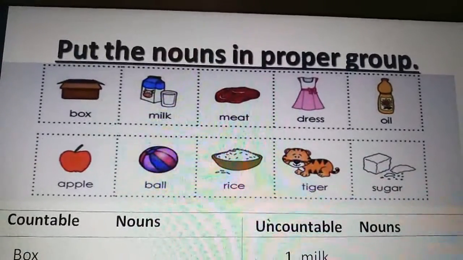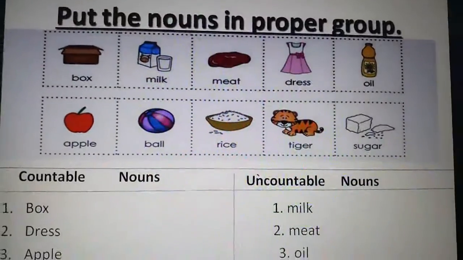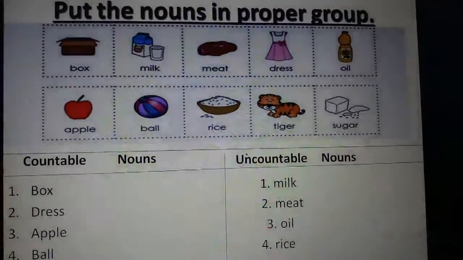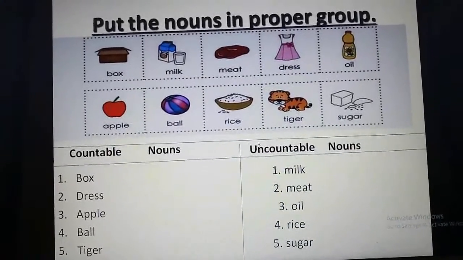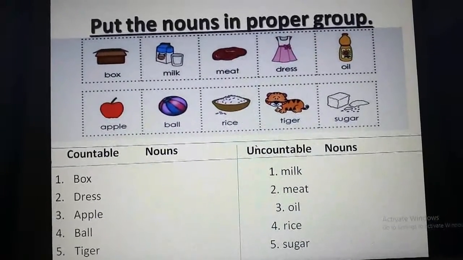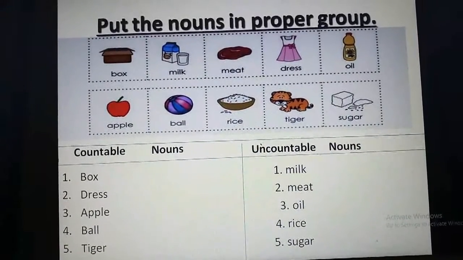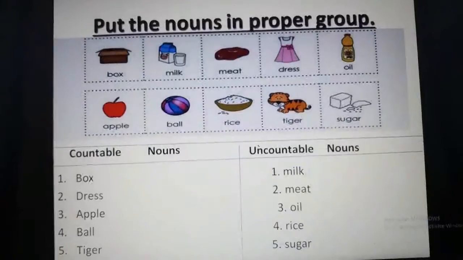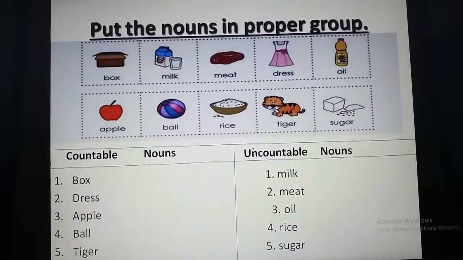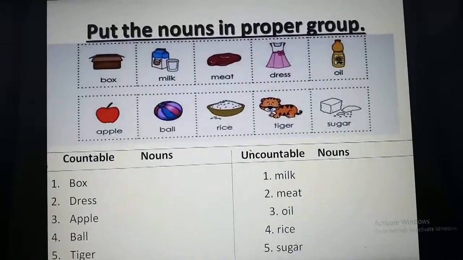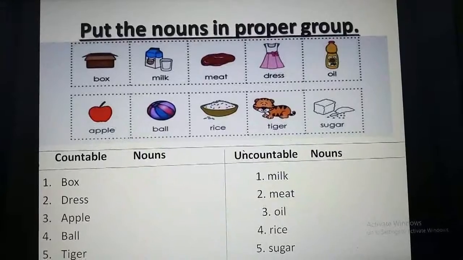And there are two groups given, countable nouns and uncountable nouns. If you look carefully, box, we can count box. 1 box, 2 boxes, 3 boxes. So, I have written box in the countable noun group. Milk, can we count milk? 1 milk, 2 milk, 3 milk? No. So, I have written it in the uncountable noun group.